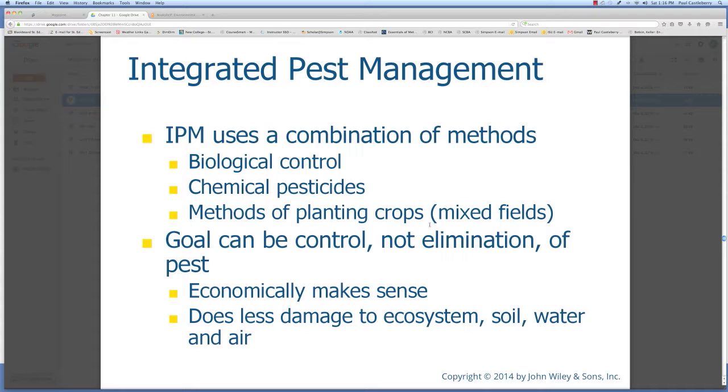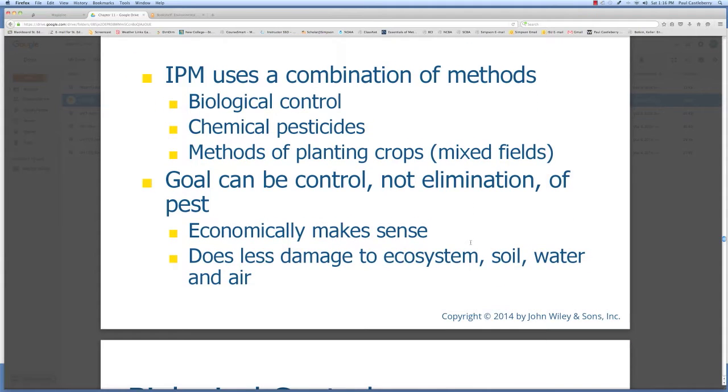So that's a change in previous stages. Now we're just trying to control the amount of pests, but not completely eliminate it. This makes sense from an economic standpoint, and it also does less damage to the ecosystem, soil, water, and air if we use a combination of strategies instead of just chemical pesticides.